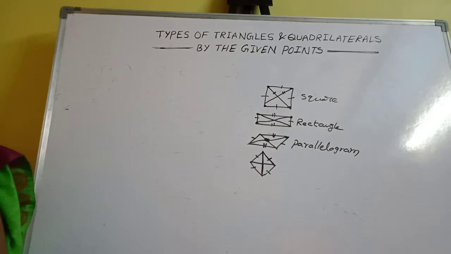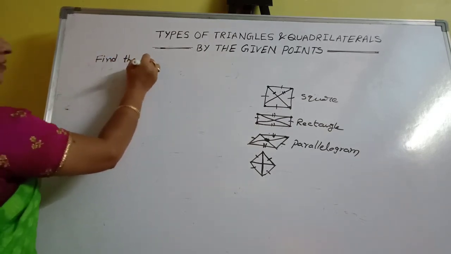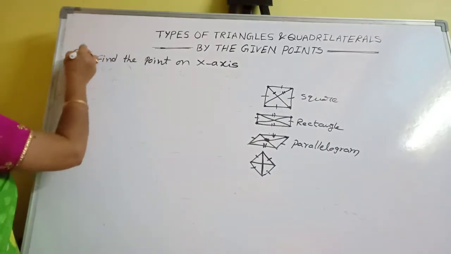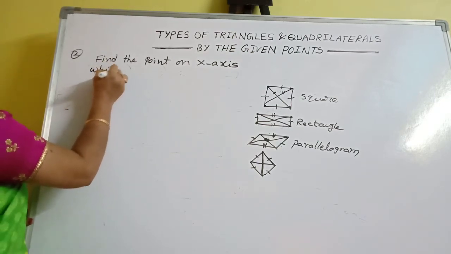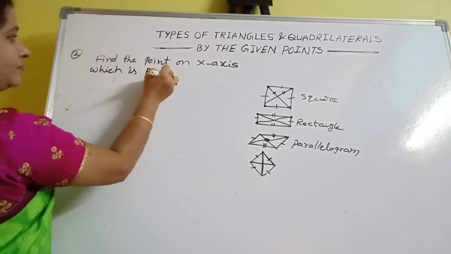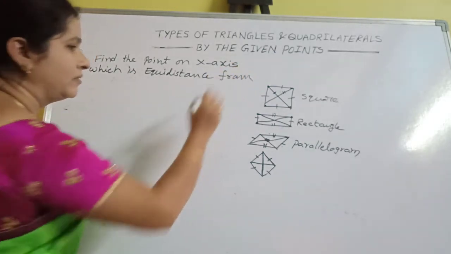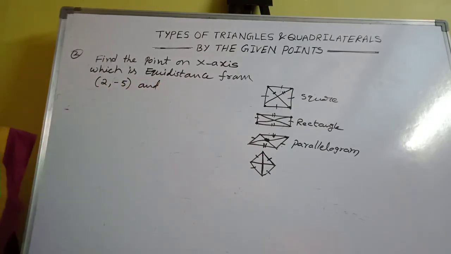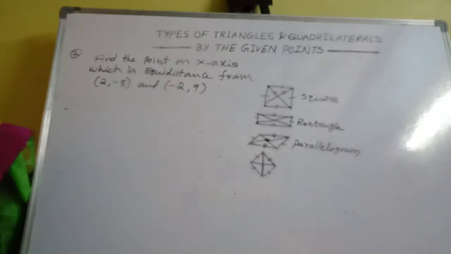So the next sum is: find the point on the x-axis which is equidistant from (2, minus 5) and (minus 2, 9).